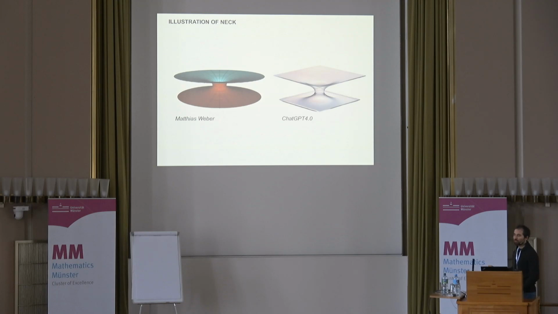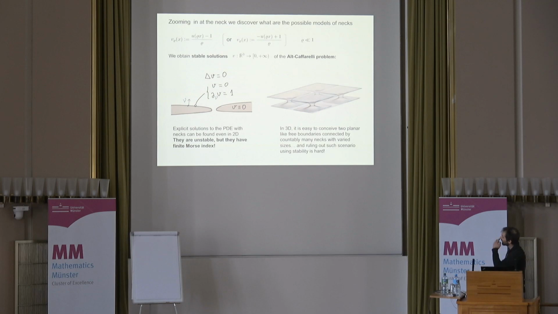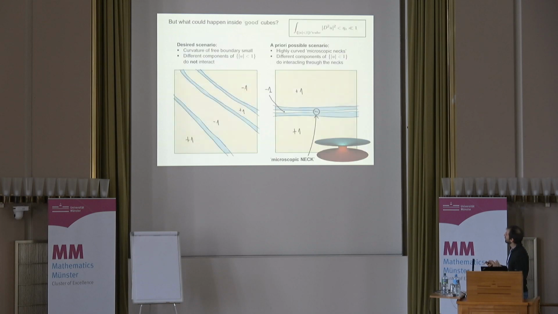So these are illustrations of the neck. These I found on the internet, and then I asked ChatGPT to produce a neck, and it did these nice pictures. So I wanted to credit ChatGPT for this, because this will be in my next slide. Now, using the picture of ChatGPT, if you want to understand how bad these necks could look, let me mention something.